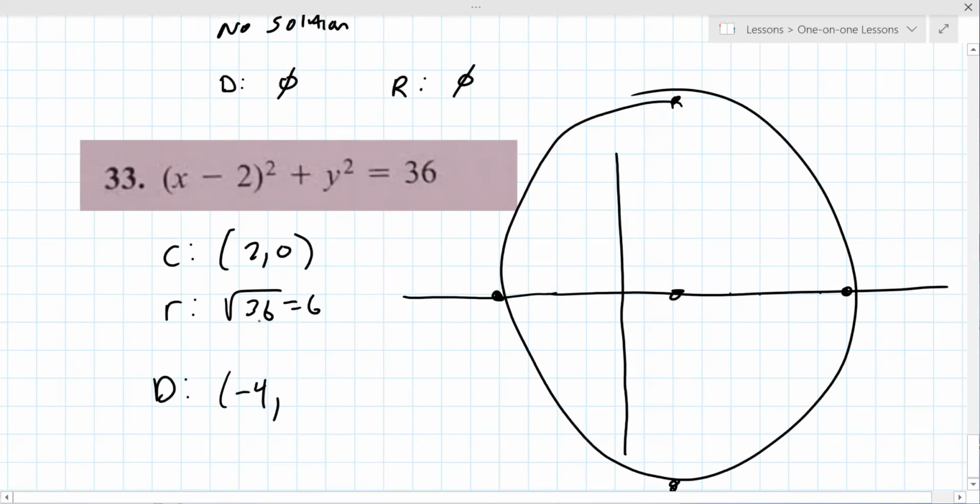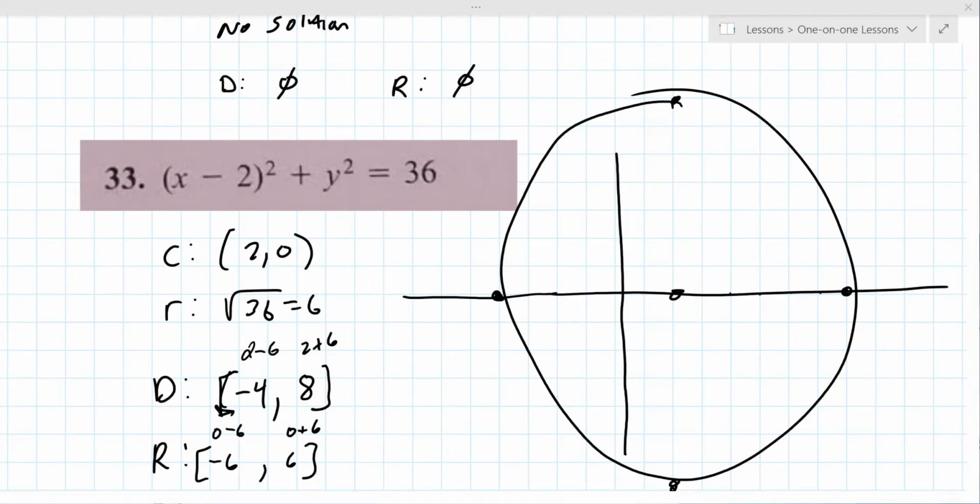That's 2 minus 6, 2 minus the radius. What's the rightmost x value? It's 2 plus 6, which is 8. What about the range? The bottom value is down 6 from the y, so 0 minus 6, which is -6. And the top is 0 plus 6, which is 6. All right, there we go.